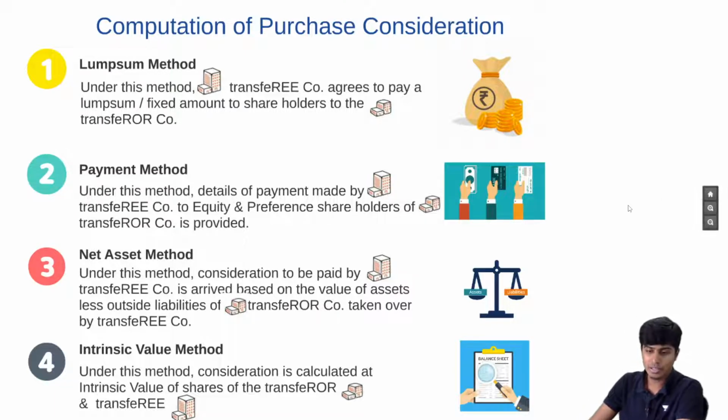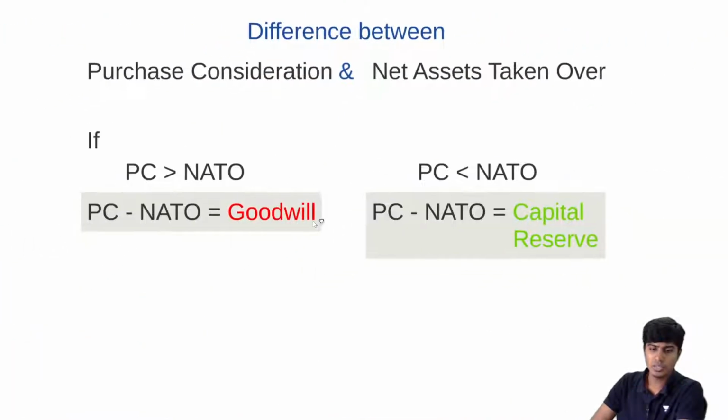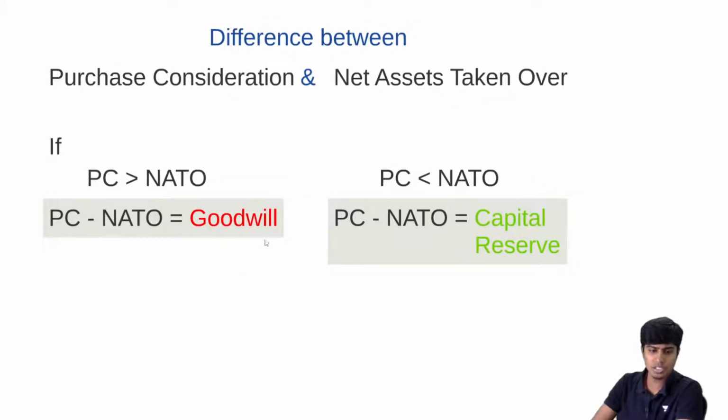Yes, I hope you did. Next, I'll show you this part. You can take a small screenshot or note this down into your book. Difference between PC and NATO, how to deal with it.